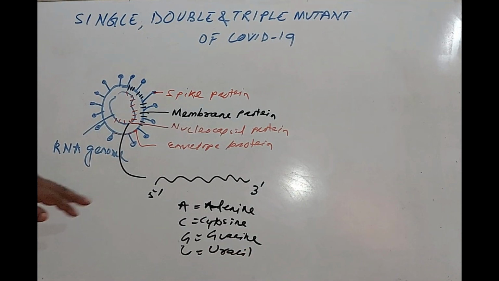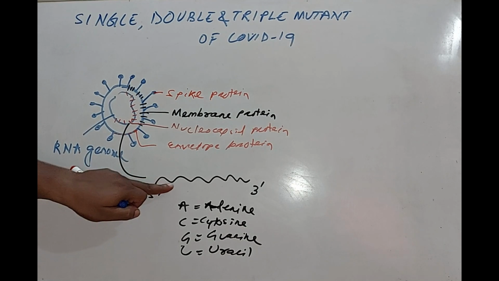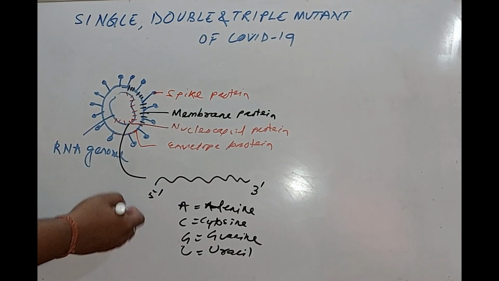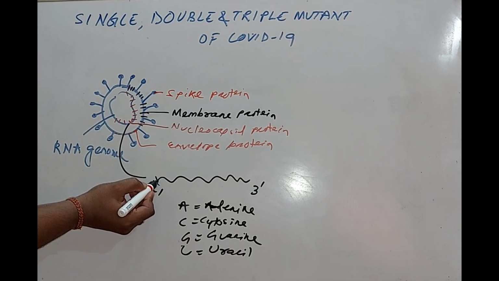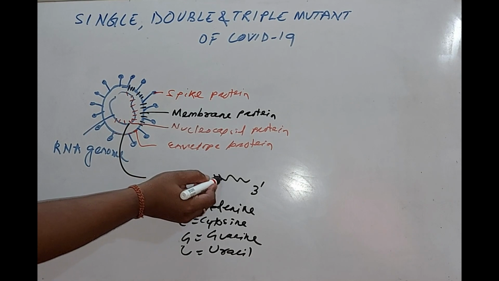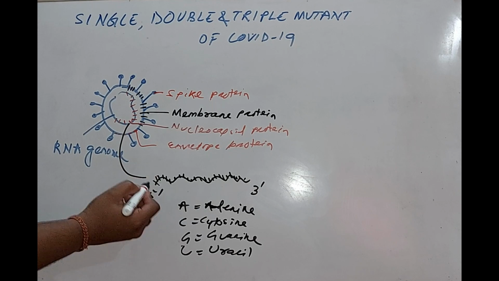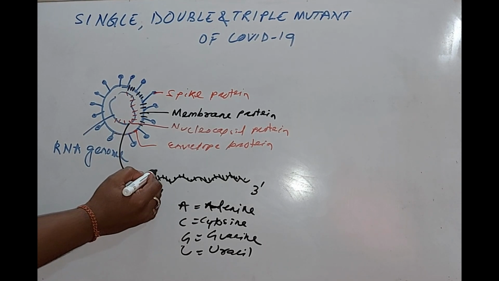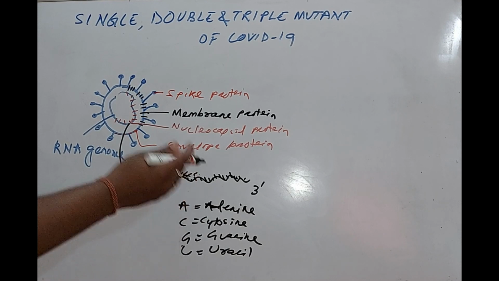These four are the main constituents of this RNA, and the arrangement may be, suppose, 1 base, 2 base, 3 base, 4 base, 5 base, and so on. Maybe the arrangement is A, G, C, U, G, C like this.